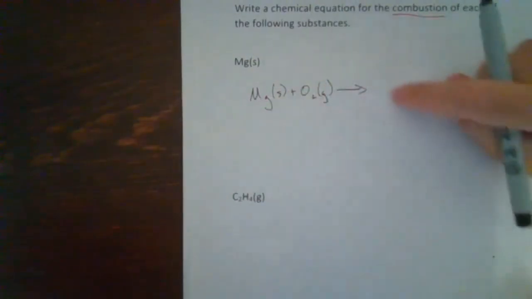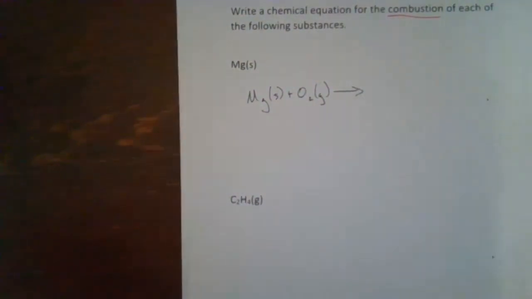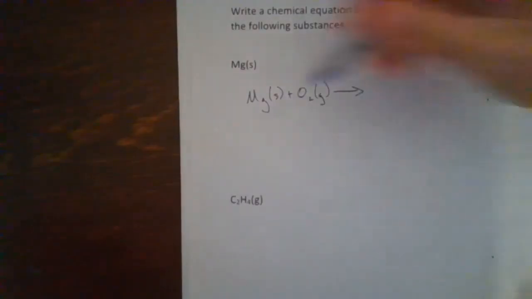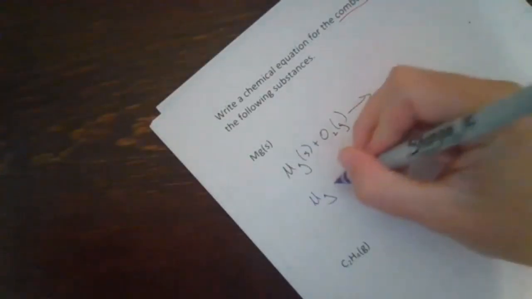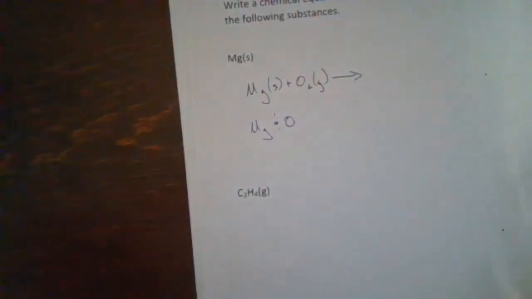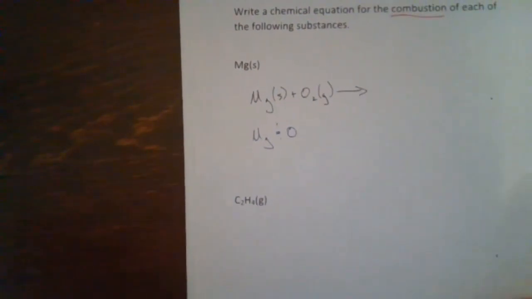So then the question is, what do we produce? What is the product? For our product, we're going to take all of the atoms in what's undergoing combustion, and we're going to make a compound of them with oxygen. So I need to make a compound out of magnesium and oxygen. What is that going to look like?